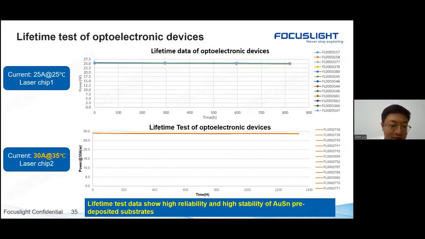And for the second, we test the lifetime under 30 amps and 35 degrees. We got more than 1,200 hours, even more than 1,300 hours, which shows higher reliability and higher stability of the coating. You can see the power profile is consistent.